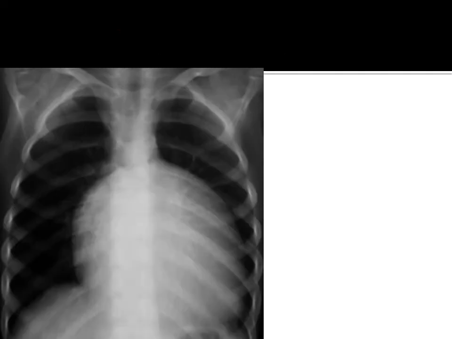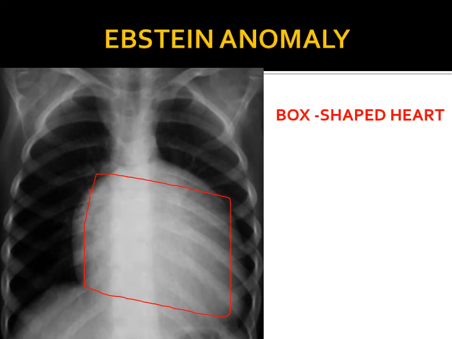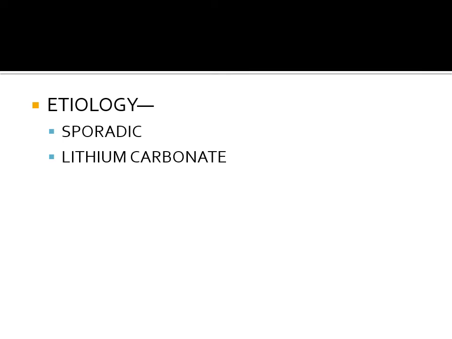In this radiograph, we can see that the heart has assumed a more or less box-shaped appearance. So this is the box-shaped heart, and it is classically seen in Ebstein anomaly. The condition is mostly sporadic in origin.